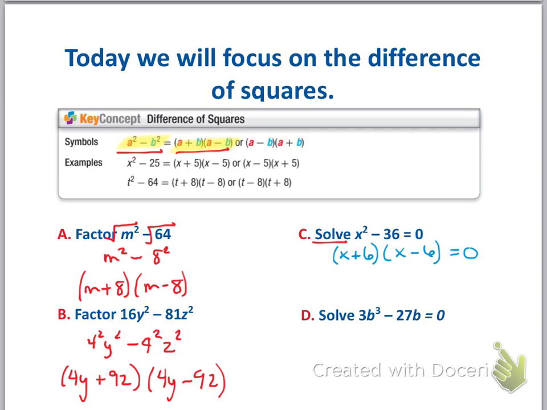Now I need to check, is it a times b? Yep, so I can use the zero product property. And then I can solve each of those to find out that my final solution is x equals negative 6 or x equals positive 6. Try letter D, all by yourself.